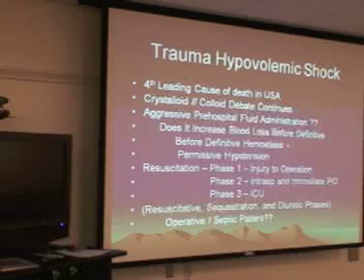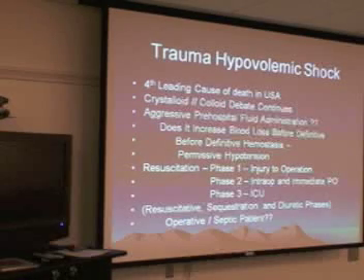A lot of interesting things have come out in the last 10 years. They were talking about how aggressive to be with fluid administration in the field. You know, why would you resuscitate a patient while his bleeding diathesis persists? I mean, he's still bleeding. Why give him fluid? It's just going to keep bleeding out. So they tried what's called permissive hypotension.